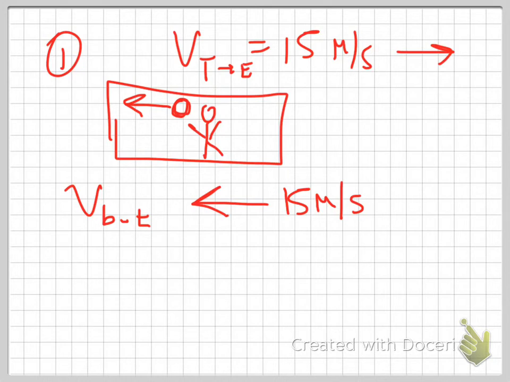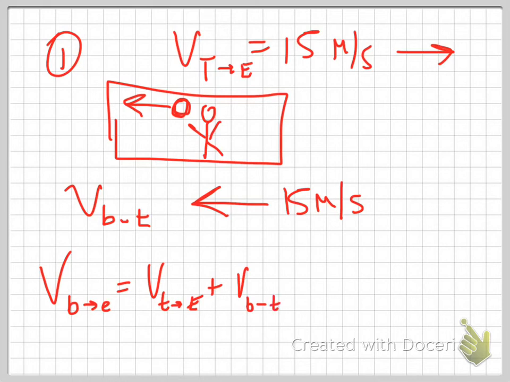Well, the fact that these are in opposite directions, this is where we would use sign as a proxy for direction. So we would make one positive, one negative. Velocity of ball with regards to Earth equals velocity of ball, train to Earth, plus velocity of ball to train.